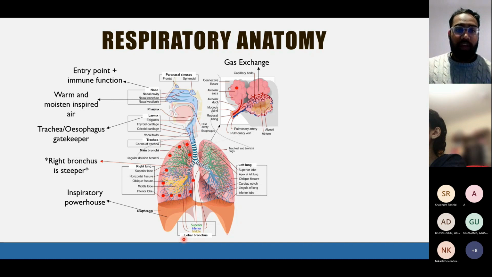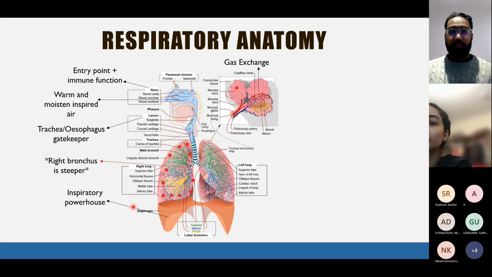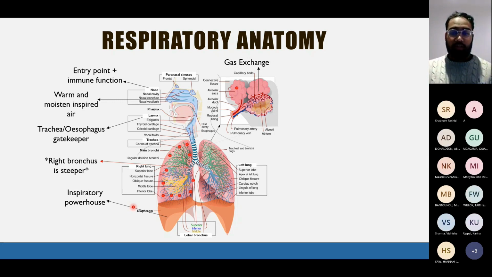Once the air has got into the lungs, you've got all of these divisions and subdivisions of the bronchi, and you get down to the terminal bronchioles, the respiratory bronchioles, and you make it to the alveoli, which I've marked with all of these red dots. That's where your gas exchange happens. Every time you're taking a breath in or out, every time there's air in those alveoli, you've got gas exchange, which I've shown with these pulsations.